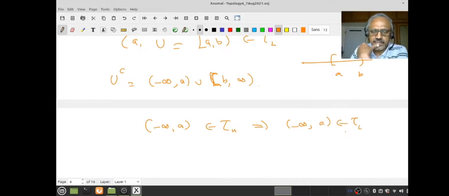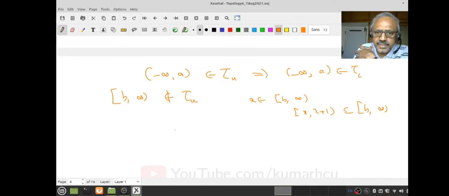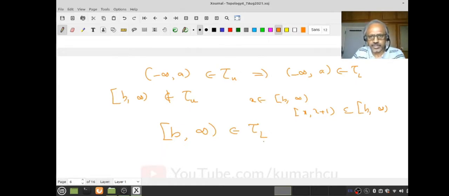Is that clear? Now let's look at [b, infinity). This certainly is not open in the usual topology, but give me any x in [b, infinity). Then [x, x plus 1) will be contained in [b, infinity). Therefore, it is not open in the usual topology, but it is open in the lower limit topology.